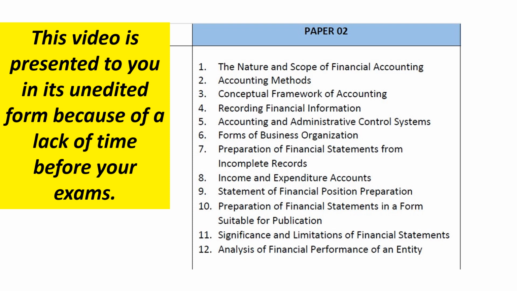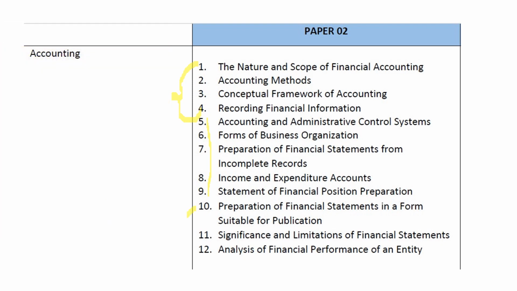Okay, these are the 12 topics that was issued by CXC, and you notice from here number 1 to 4 would be the module 1, 5, 6 right down to 9 is module 2, and then we have 10, 11 and 12, which is module 3.